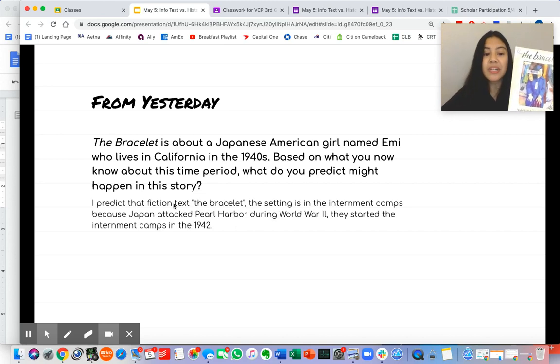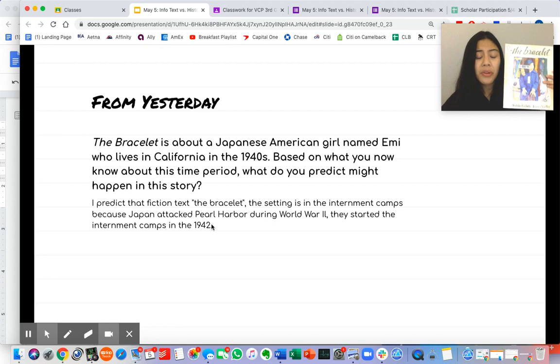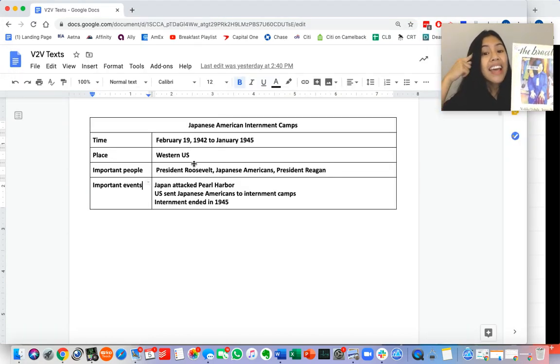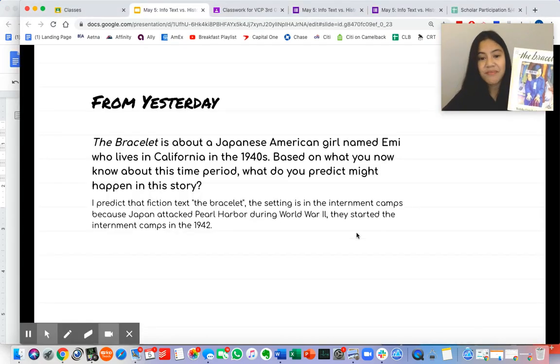One scholar predicted that in the fiction text, The Bracelet, the setting might be in the internment camps because during that time, Japan attacked Pearl Harbor during World War II, and they started the internment camps in 1942. Whoa, this scholar did a great job really using his or her schema and the facts from the text to make a great prediction.